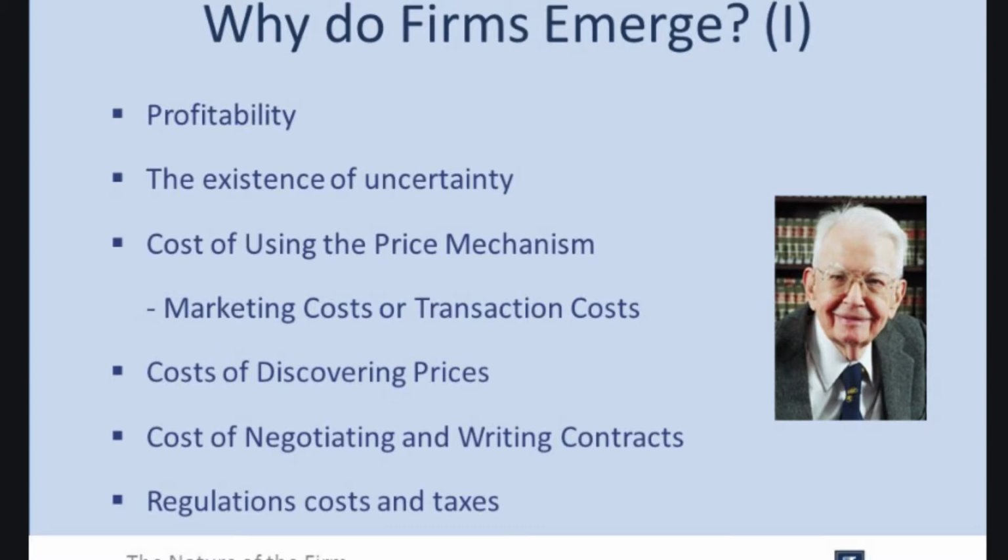Interestingly, he started out with these really foundational questions about the nature of the firm: why do we need firms, and how do we decide how big a firm should get.